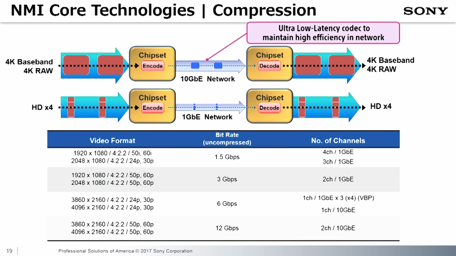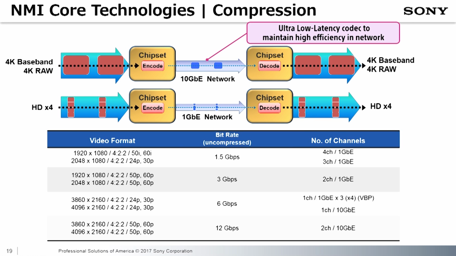Another technology that we've leveraged is compression across the network. And Sony has developed the low latency video compression technology, or LLVC for short, specifically for use within IP infrastructures. Now, some of you might be asking, why would I want to use compression in my live production environment? Well, let's take a look at maybe some of the benefits that compression does offer to you.